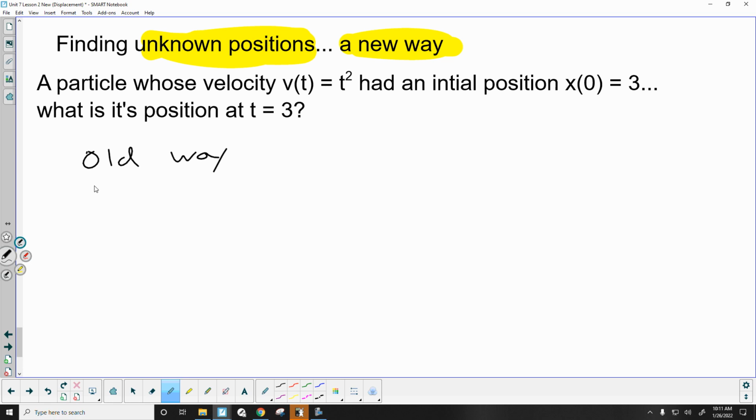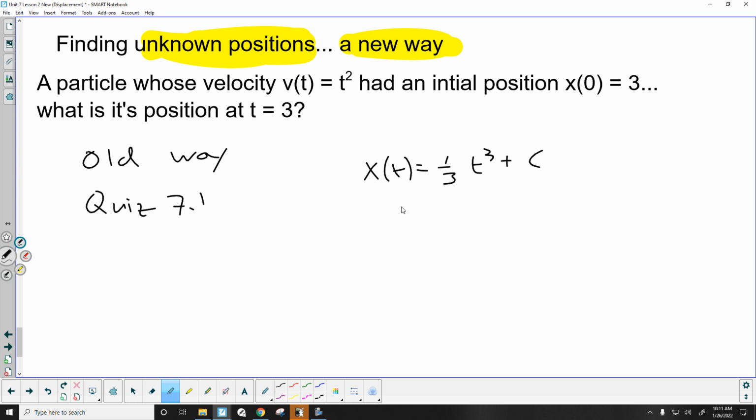This is what you did on your first quiz. What did you do if I gave you a velocity and a position, and asked you for a position at time 3? Take the antiderivative. Very good. You got 1/3 t cubed plus c.